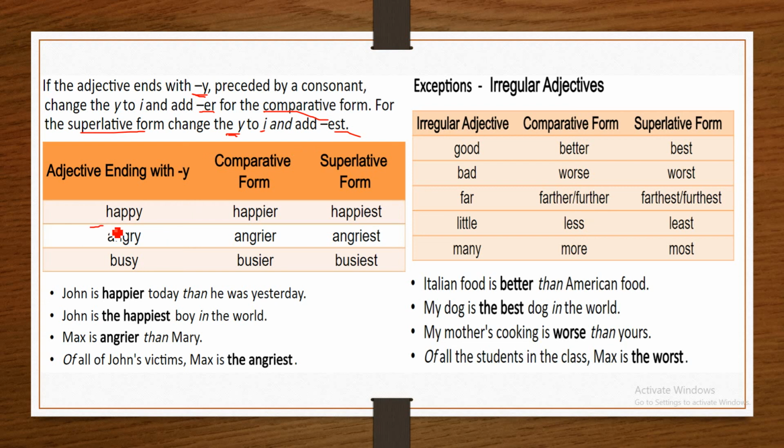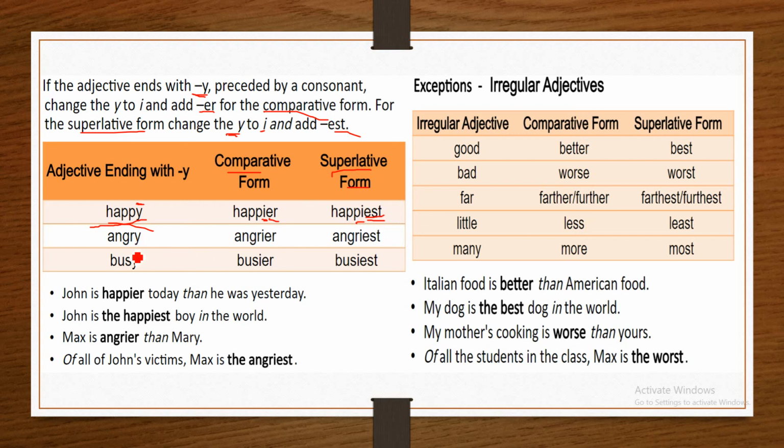For example, happy is a one-syllable adjective that ends with Y. For the comparative form, we change the Y to I and add ER. For the superlative form, we change the Y to I, but we add EST.